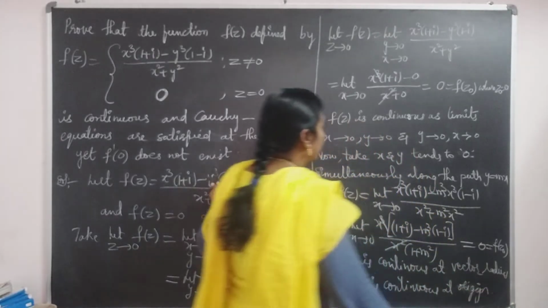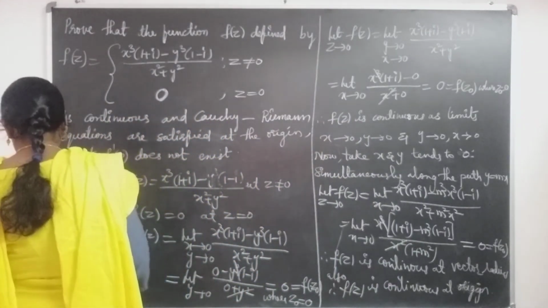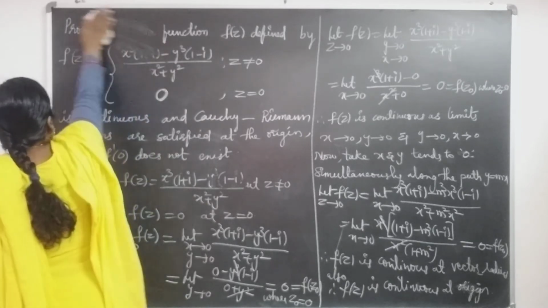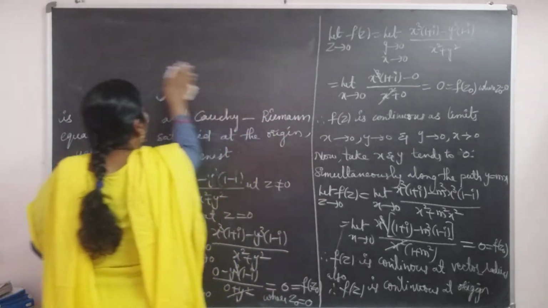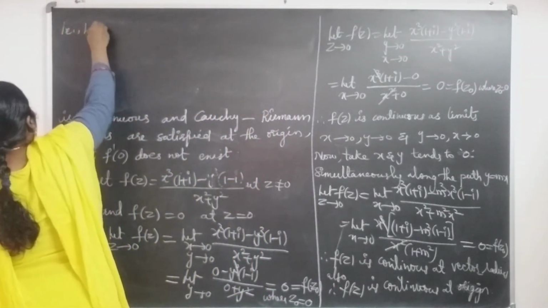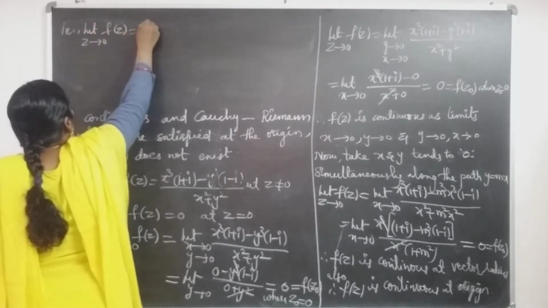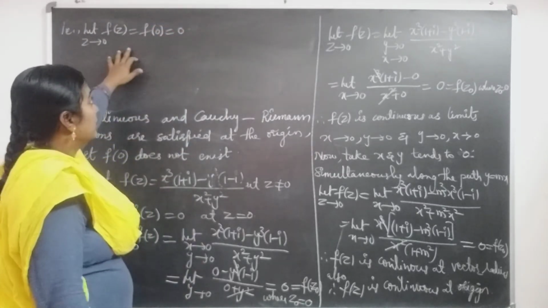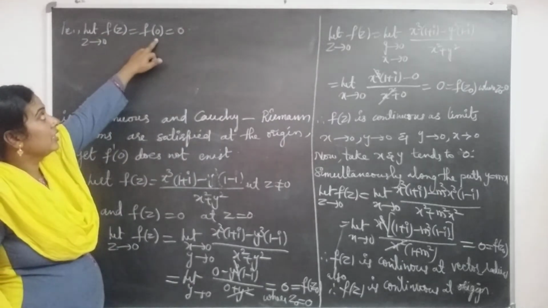At origin, that is nothing but limit z tends to 0, f of z equal to f of 0 equal to 0. That is f of z naught. Okay, here z naught is origin.